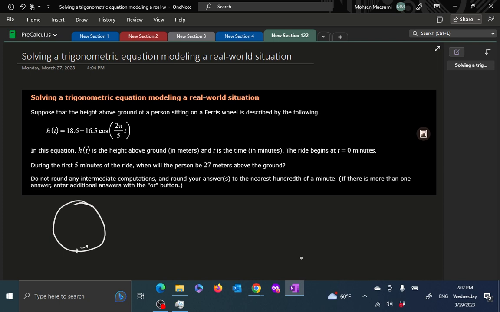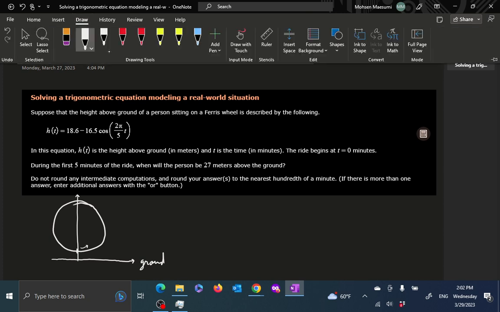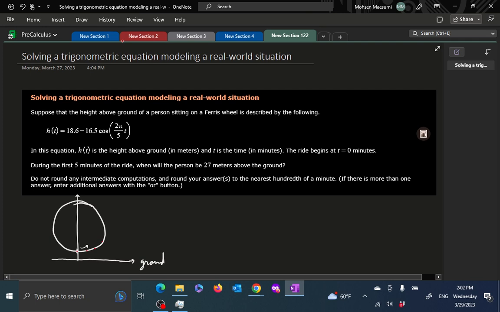So we have an axis here, and the axis measures the height of the person from the ground. So here's our ground, and as you go around this circle, at each time you're at a different location, and then you come back and perhaps you go for a second round and such.